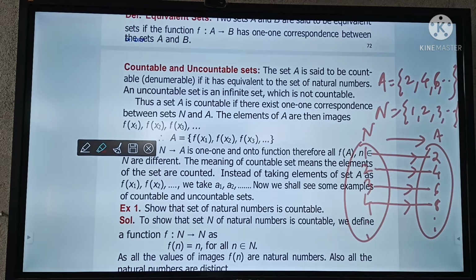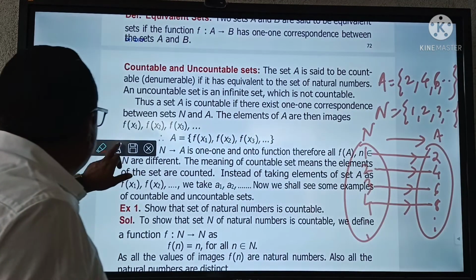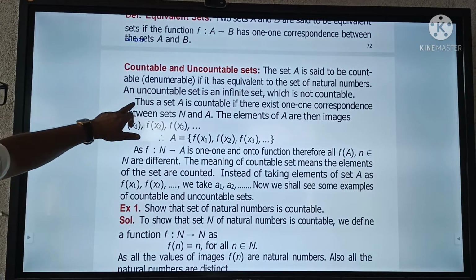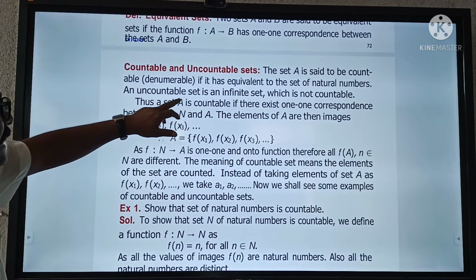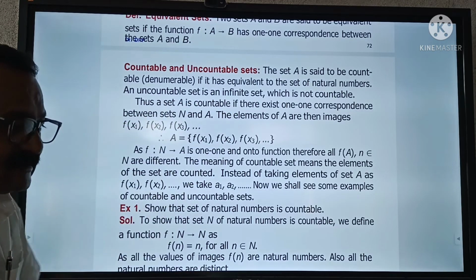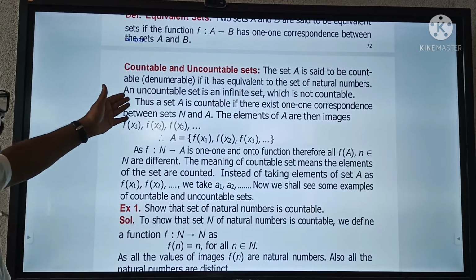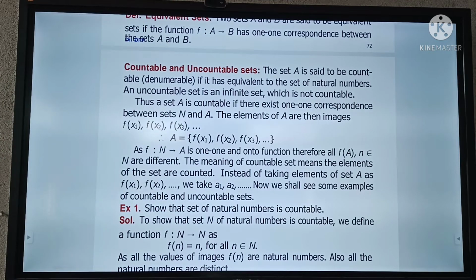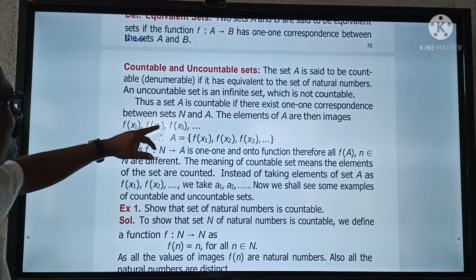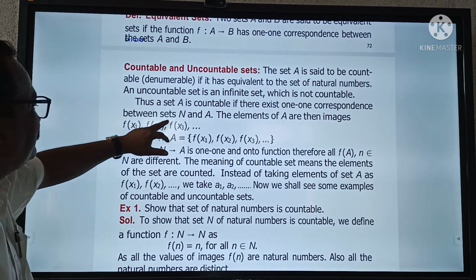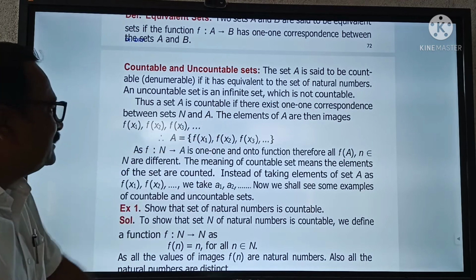This means the set A is a countable set. The set A is said to be countable if it is equivalent to the set of natural numbers. And an uncountable set is an infinite set which is not countable. Thus, A is countable if there exists a one-to-one correspondence between the set of natural numbers and set A.